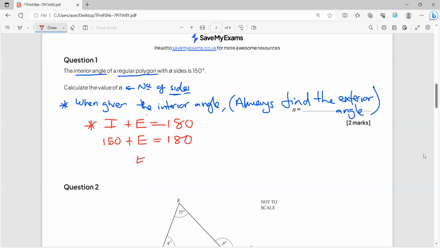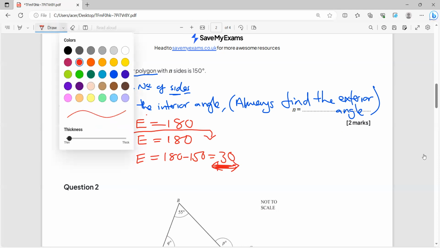So how do we find E, Lisa? Do you subtract 150 from 180? Yes, that's it. We do our change of subject, we transpose, and then we get 180 minus 150, and then we get 30. So the exterior angle is 30 degrees. Are we together? Yes, sir.